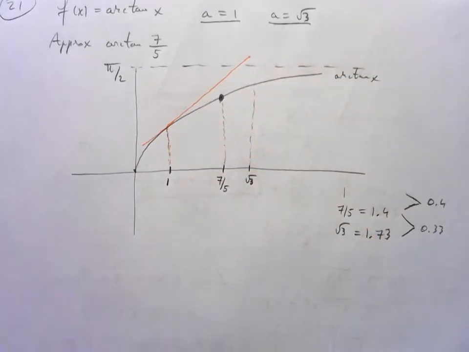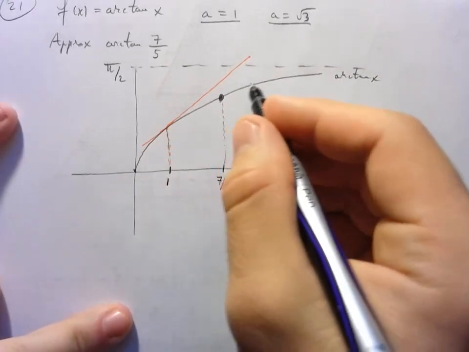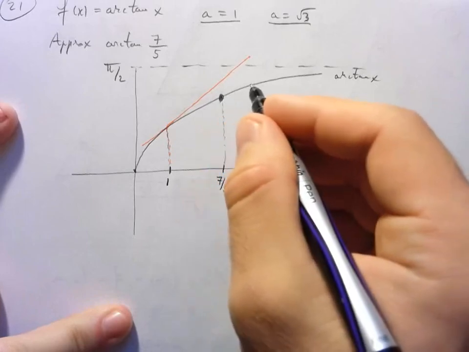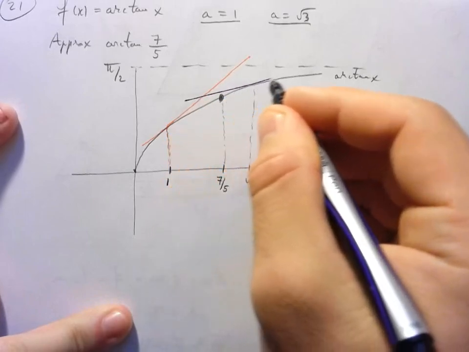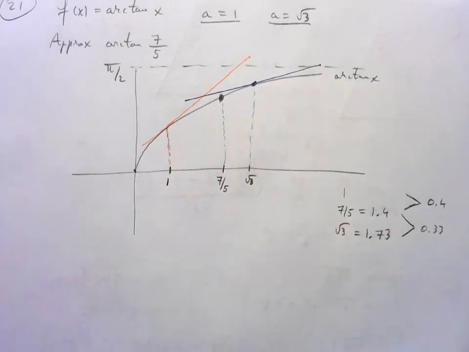Okay, so the orange line is the linearization at a equals 1, and this purple line is going to be the linearization at a equals root 3.